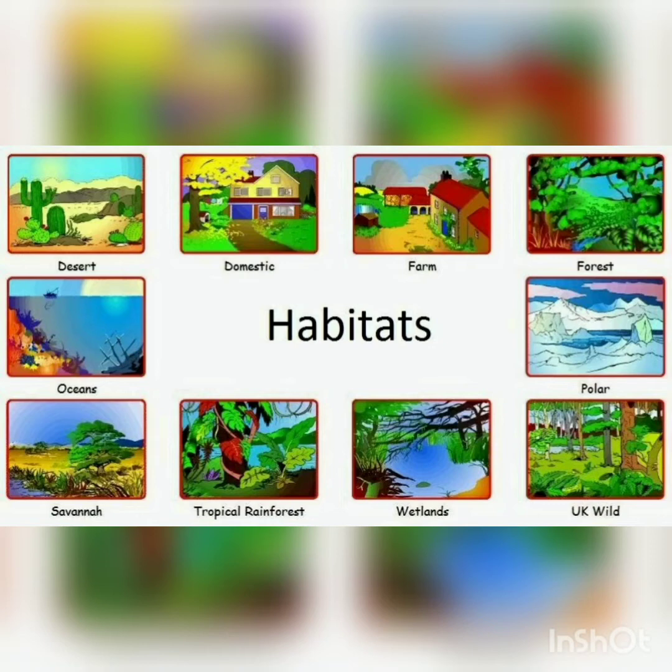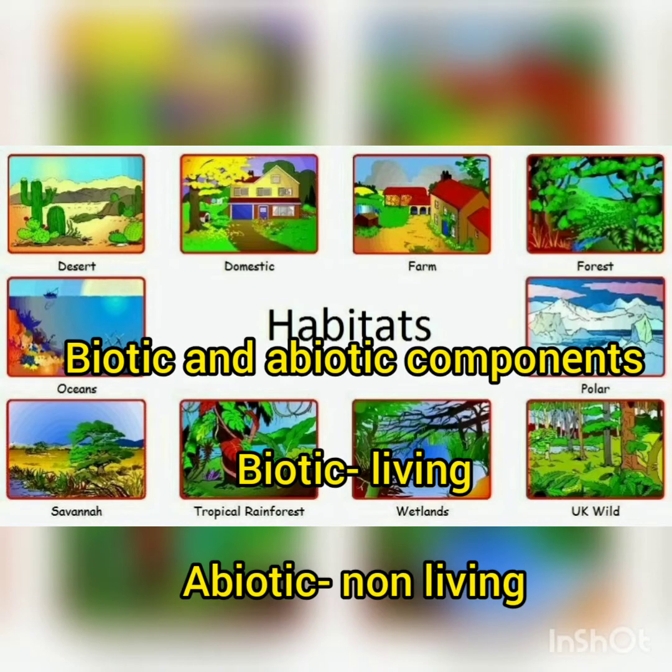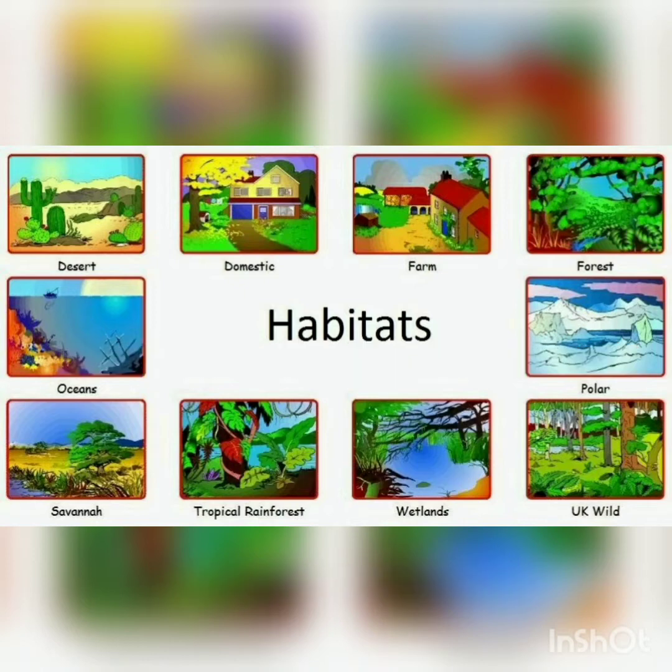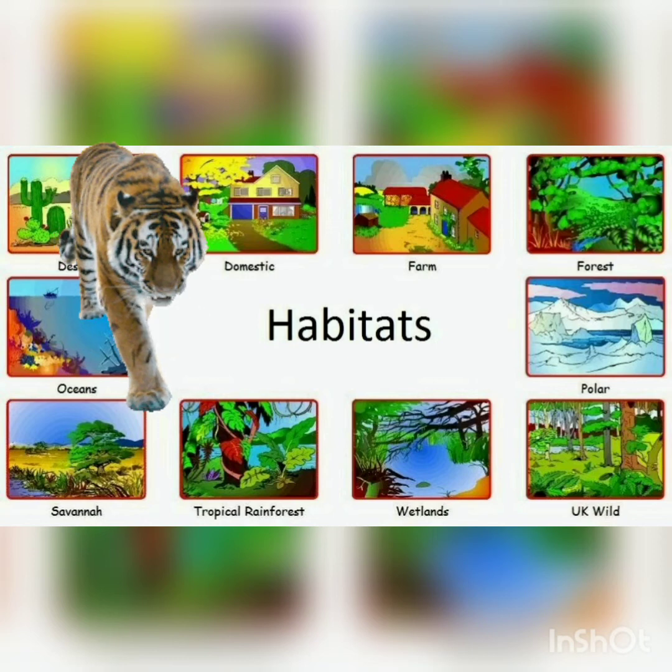Now, when I talk about habitat, habitat includes both living and non living components. The living components are called the biotic components, and the non living components are known as the abiotic components. For example, the habitat of a tiger must have both biotic components such as small plants and small animals to hunt and feed on.